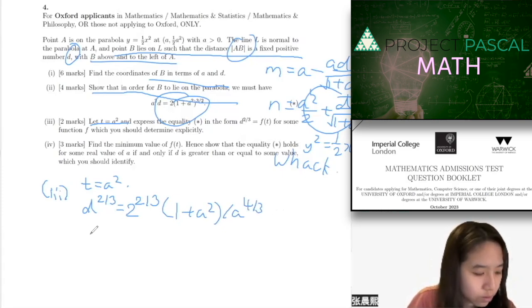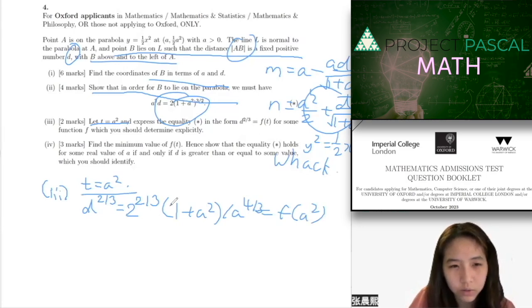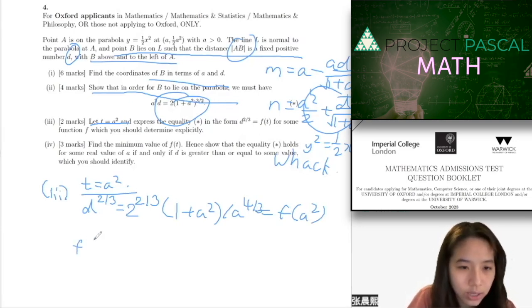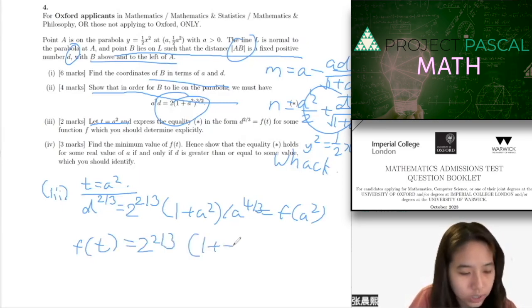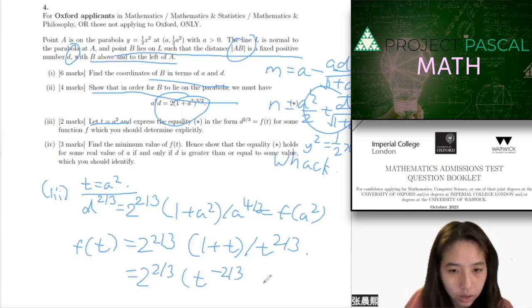And so this is equal to, where you sub in t equals to a squared, f of t here equals 2 to the power of 2 over 3, times 1 plus t over t to the power of 2 over 3. So it's 2 to the power of 2 over 3, times t to the power of 1 over 3 plus t to the power of negative 2 over 3.